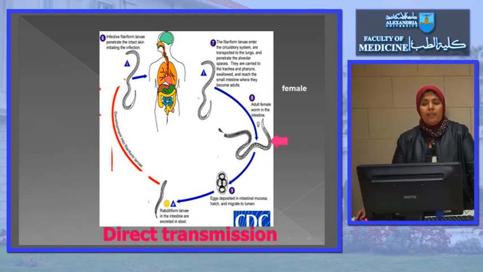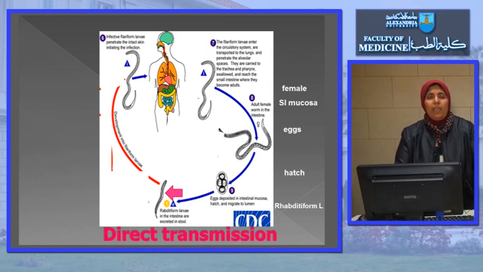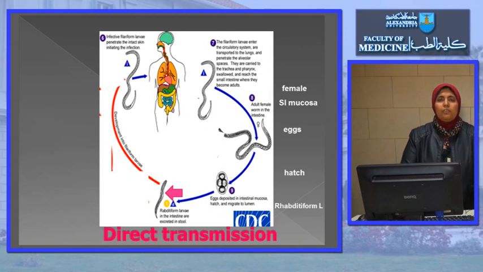As we said, inside humans, males and females inhabit the small intestine, where the males live in the lumen, but the females are deeply embedded into the mucosa. This is the female, deeply embedded into the mucosa, producing eggs. Once the eggs hatch, they produce the rhabditiform larvae, and these larvae are liberated with the stools from the intestine.